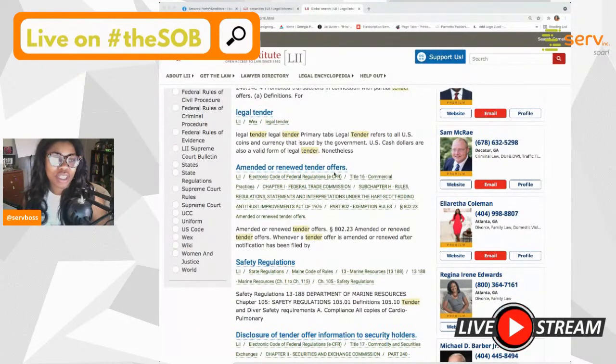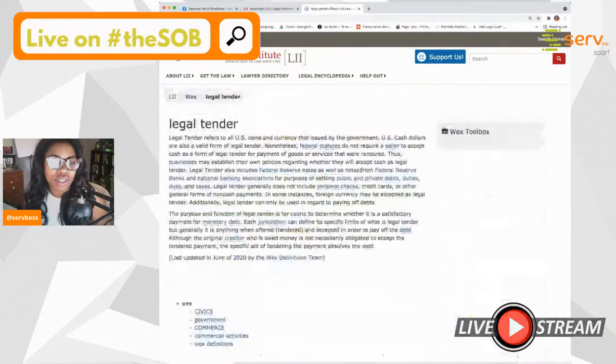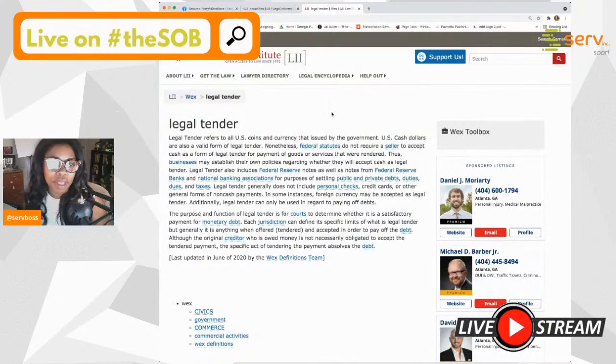Okay. So let's just go into this definition because it's to me the most relevant one. Legal tender refers to all U.S. coins and currency that's issued by the government. And of course, the government is a corporation. We're talking about anything that is owned or controlled by the federal government corporation. This means if it's an asset of the corporation, it's a part of the government.